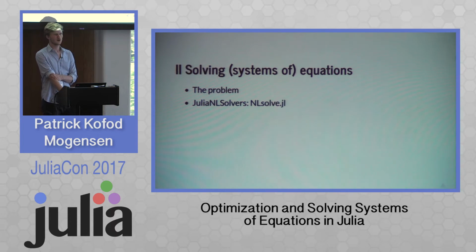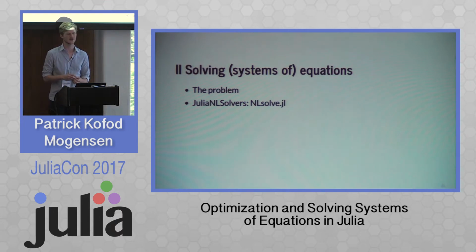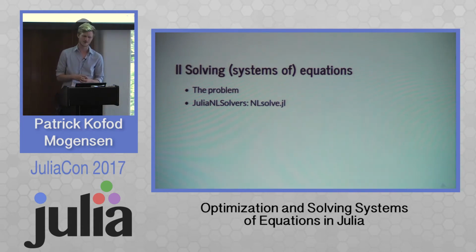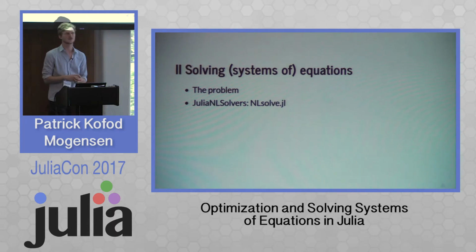So Optim and LSQ Fit used to be in the JuliaOpt organization, but earlier this year they had a reorganization such that it was to only contain packages directly related to MathProgBase and JuMP and Convex and all the backends. So we had to find a new home for Optim, and that ended up being JuliaNLSolvers. It's maybe not the prettiest name in the world, but we just needed a place to stay.